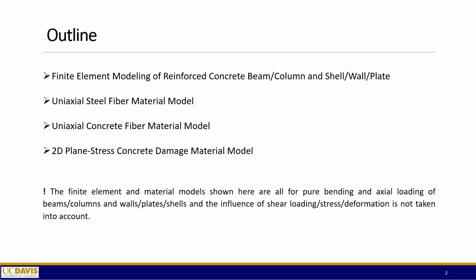Together with the finite elements, we have basically three different types of material models to model reinforced concrete structural elements: the uniaxial steel fiber material, the uniaxial concrete fiber material, and the 2D version of the plane stress concrete damage material model that's used for shell or shear wall elements.